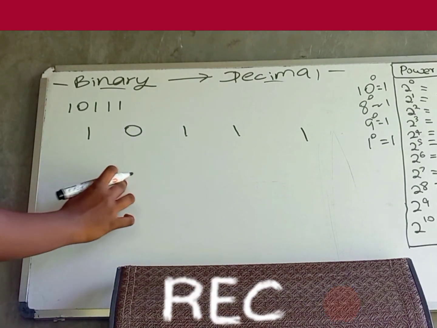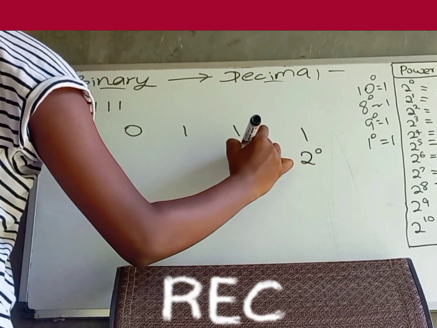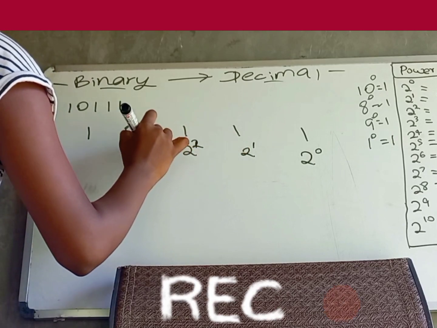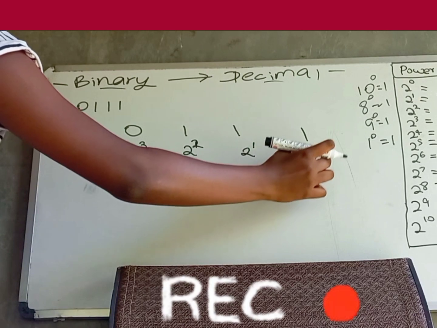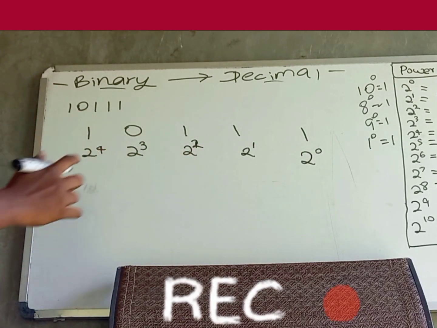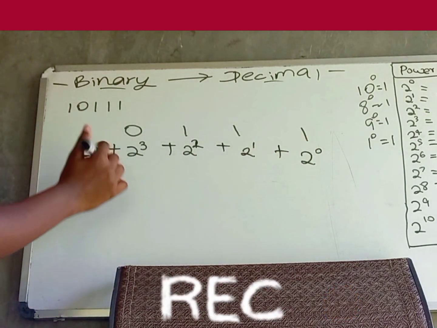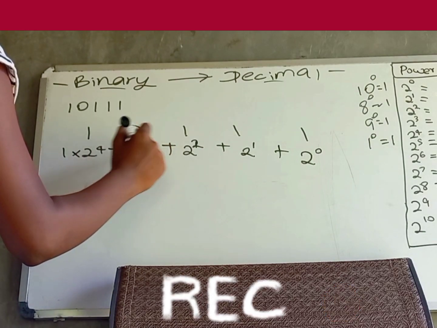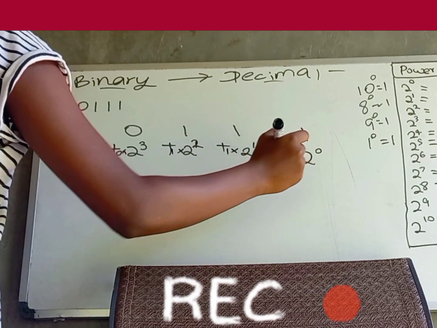Then, like I told you, you have to write down the powers of 2 beneath them, starting from 2 to the power 0, 2 to the power 1, 2 to the power 2, 2 to the power 3, 2 to the power 4. You have to add these, each multiplied by the number above the power.